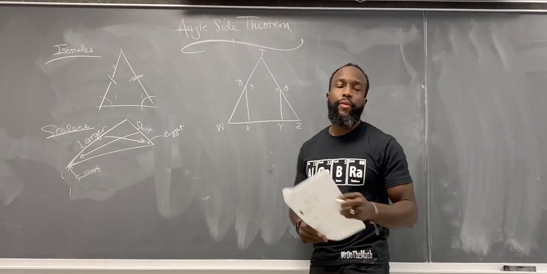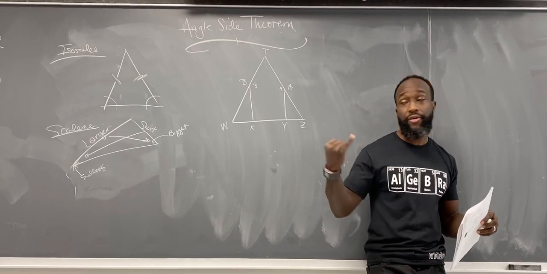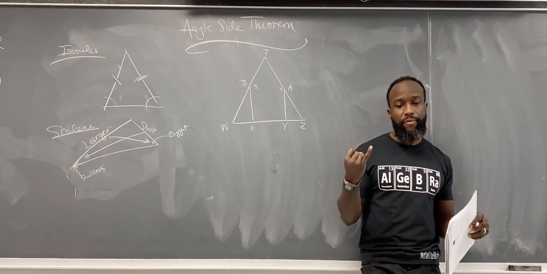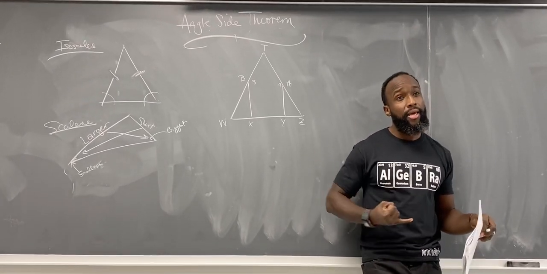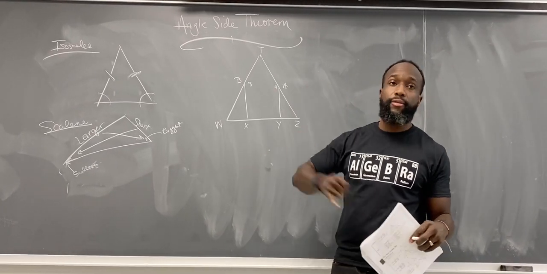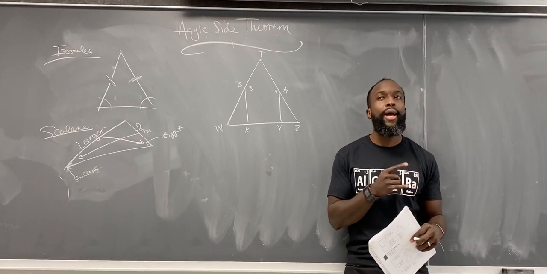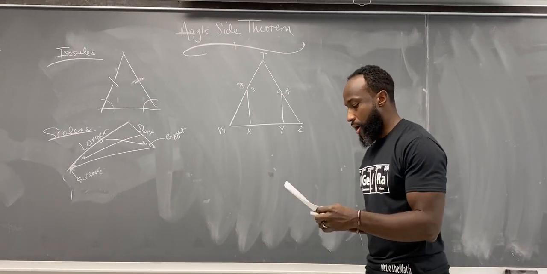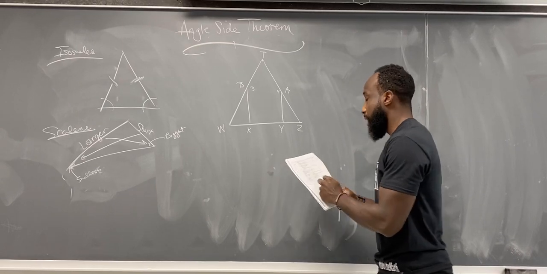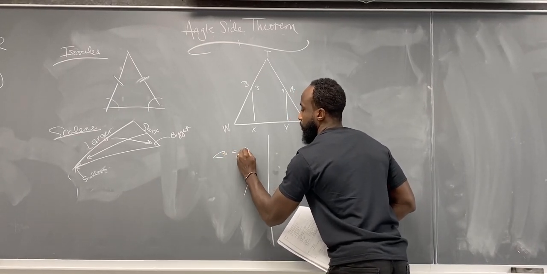Remember, I always say with our proofs, we want to find what's given, identify the given parts, and in this case create two congruent triangles before we can get to the angles. They said angle 3 is congruent to angle 4.